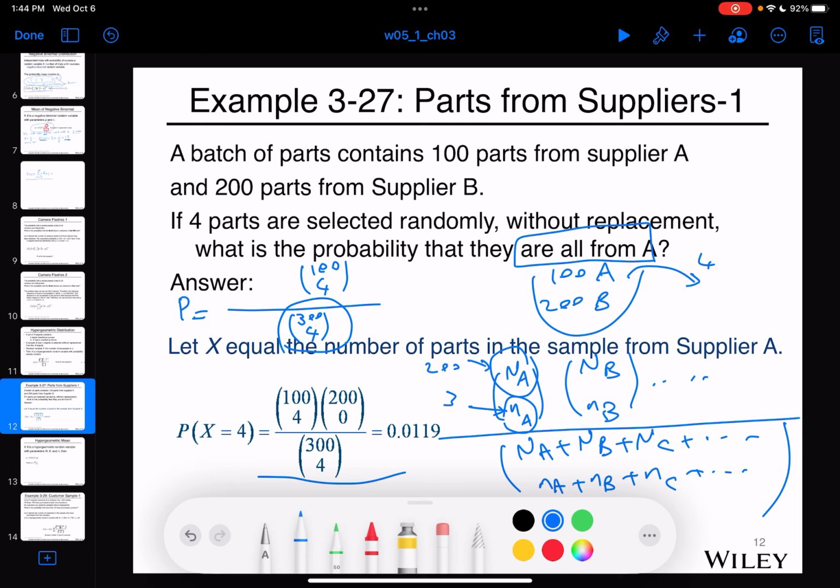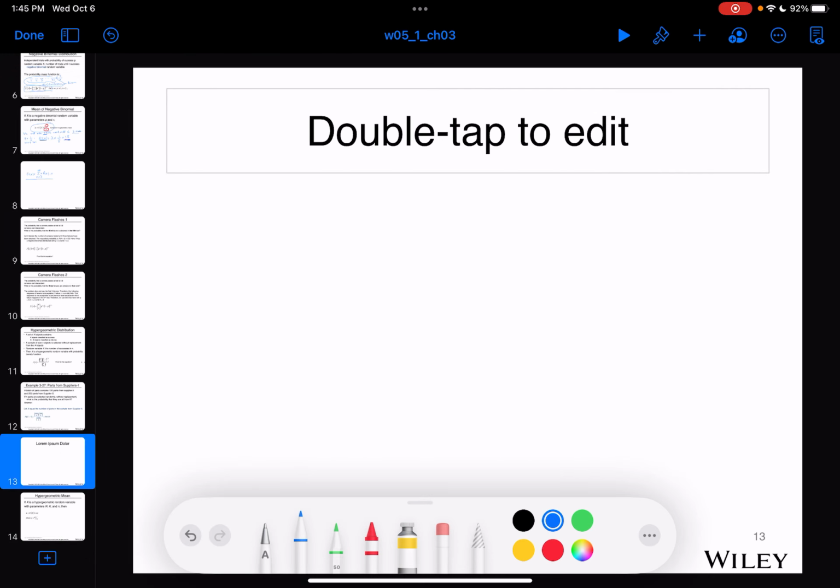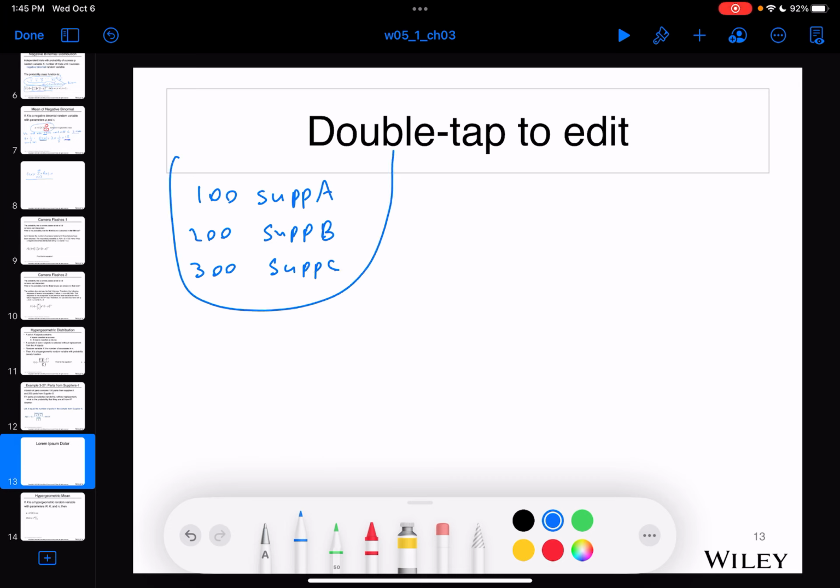So let me explain the question, because I think it's a very good question, and even though the probability is not in the book, we know all the tools to calculate it. Assume we have 100 parts from supplier A, 200 from supplier B, and 300 from supplier C, all in a bowl.